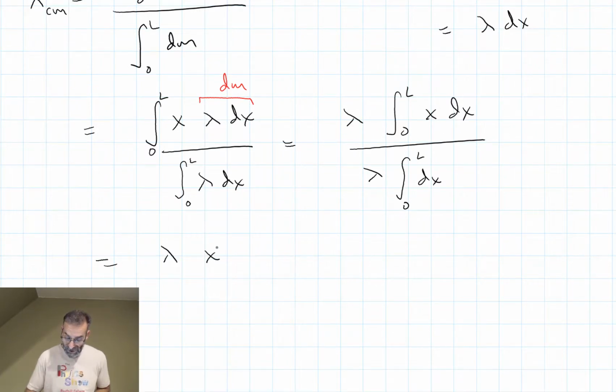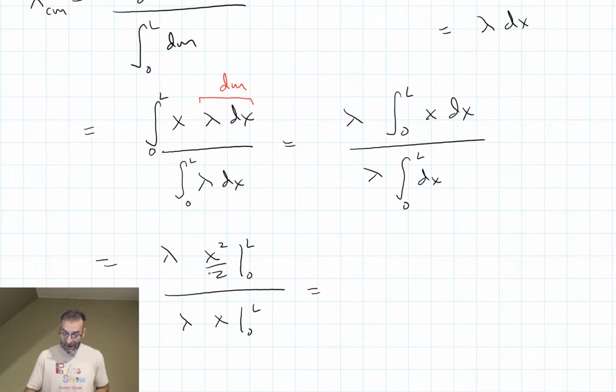And I've got an x squared over 2 evaluated from 0 to L. And I've got an x evaluated from 0 to L. And what is lambda? Lambda is just the total mass over the total length, if it's uniform density.